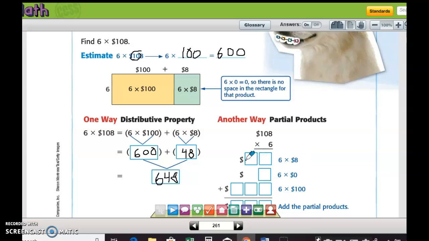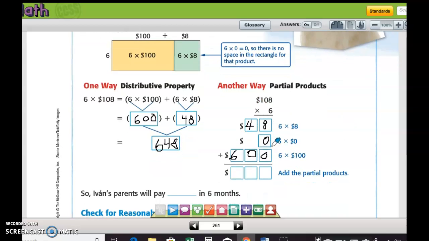6 times 8, as we said before, was 48. Now here they wrote out the 0, even though it's adding nothing to the problem. And then we've got 6 times 100, which is 600. And when I add all those partial products, starting with my ones place, I get 648, just like I got 648 here.